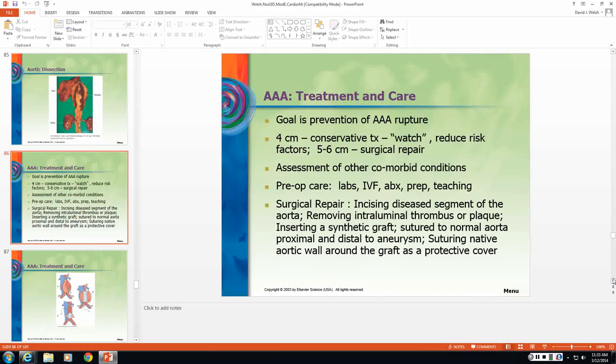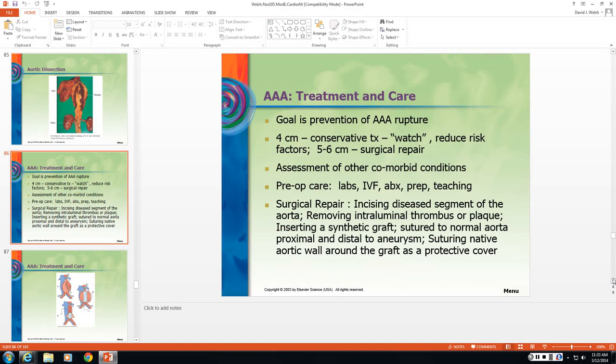Now, surgical repair is going to basically be incising the diseased segment of the aorta, removing any thrombus or plaque. Usually they're going to insert a synthetic graft, and they're going to suture that to the normal aorta, proximal and distal to the aneurysm.